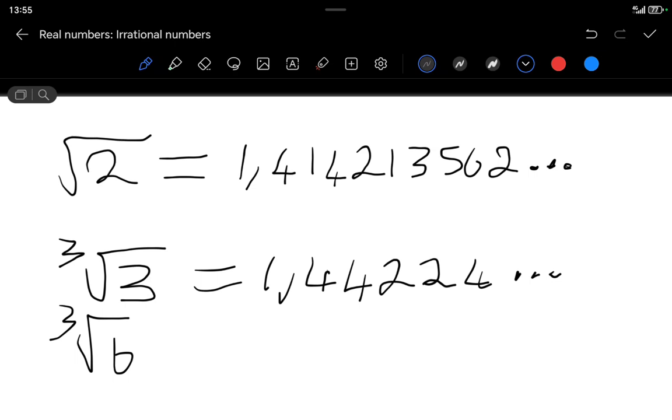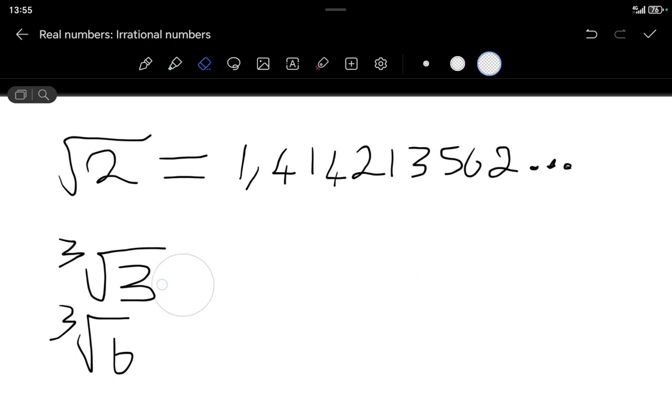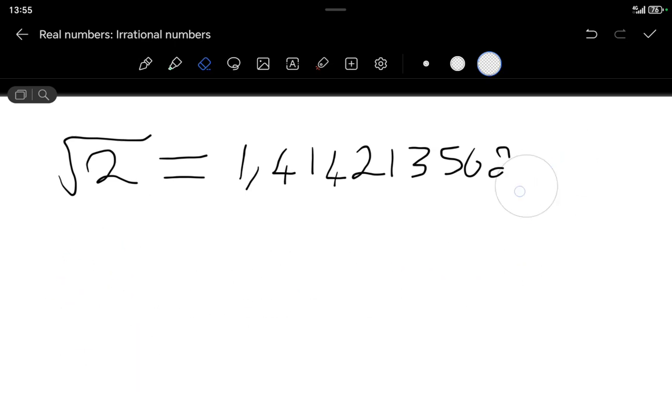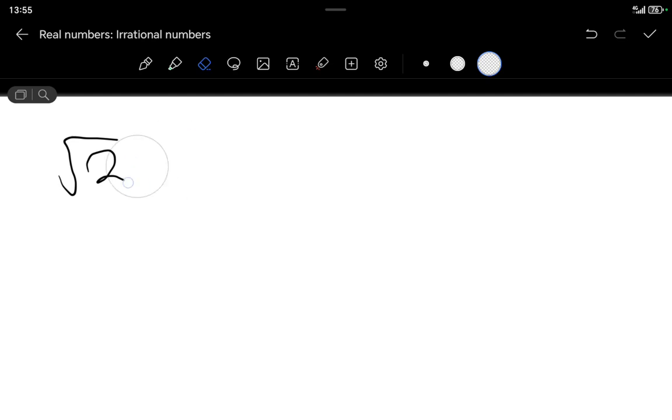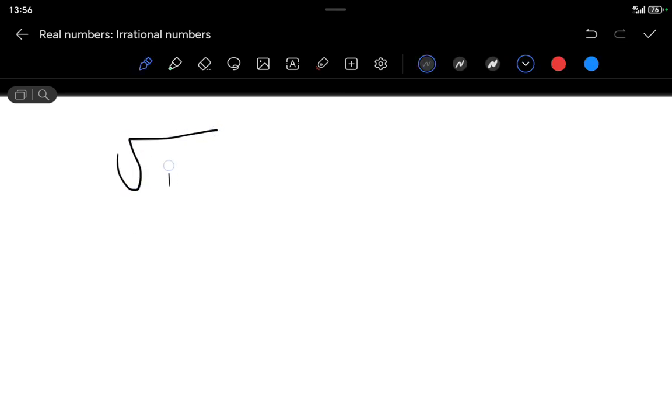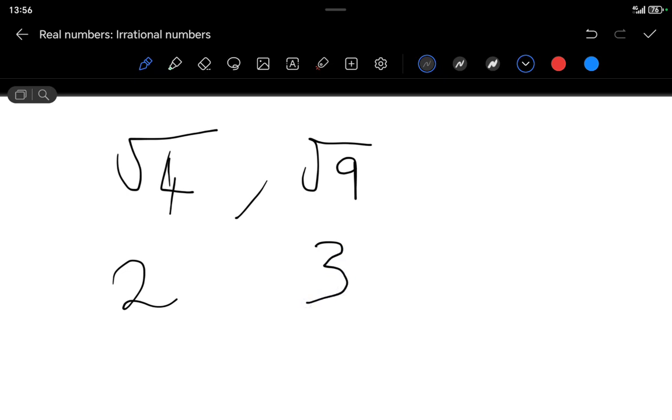Then what are perfect squares? I'm sure you know this, but just in case someone does not know, perfect squares are numbers like the square root of 4 and the square root of 9, because the square root of 4 is 2, and the square root of 9 is 3.